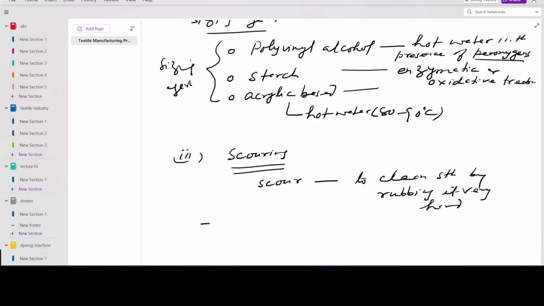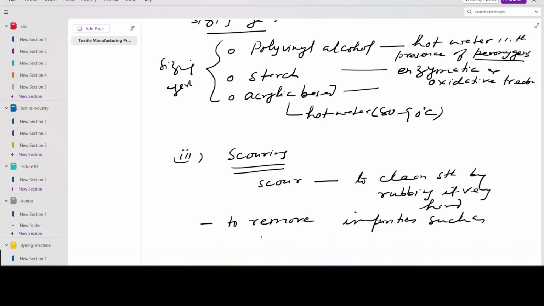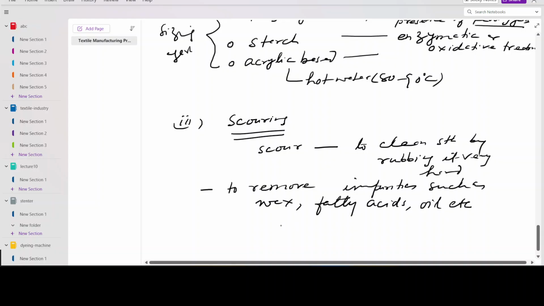Scouring process is carried out to remove impurities such as wax, fatty acids, oil, etc. from the fabric.